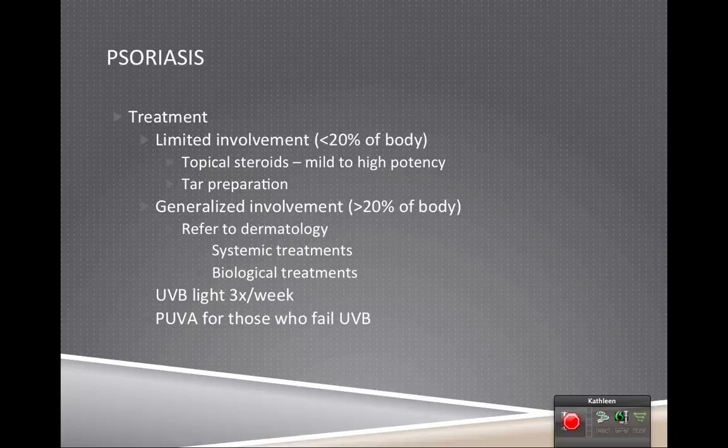Generalized involvement is greater than 20% of the body. You want to refer to a dermatologist. These patients are going to have systemic treatments, which include biologic treatments. It can also include UVB light 3 times a week, with PUVA for those who fail UVB light.